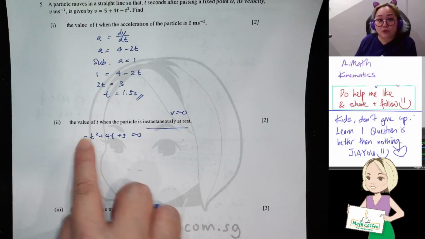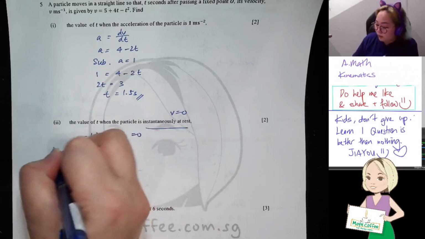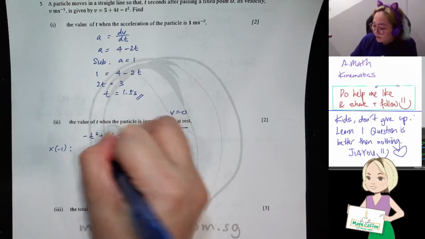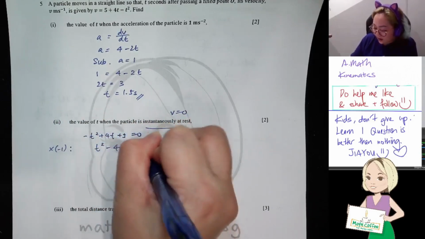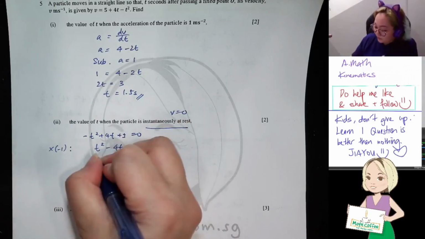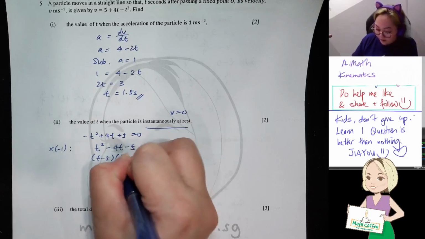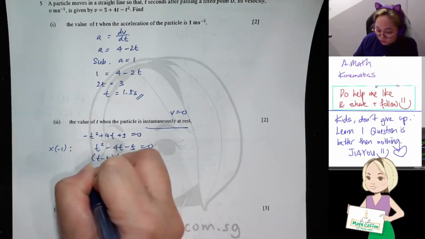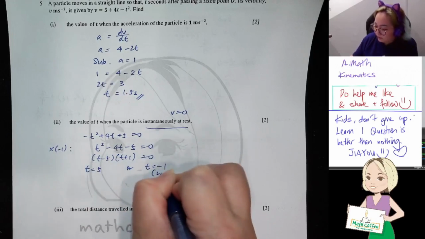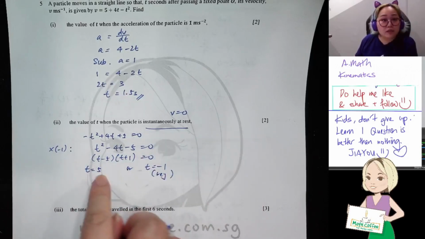So since it's an equation, I'm going to multiply by negative 1 throughout. So now I have t squared minus 4t minus 5 equals 0. Factorize this, so you will have t minus 5 and t plus 1 equals 0. So we have t equals 5 or t equals negative 1. Again, reject the negative.